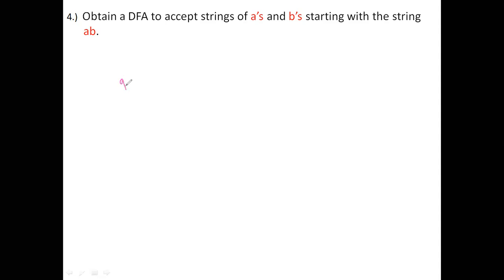Let me consider Q0 as the first state, Q1 as the second state, and Q2 as the third state. Now we'll decide which one will be the start state and which one will be the final state. I will make Q0 the start state.